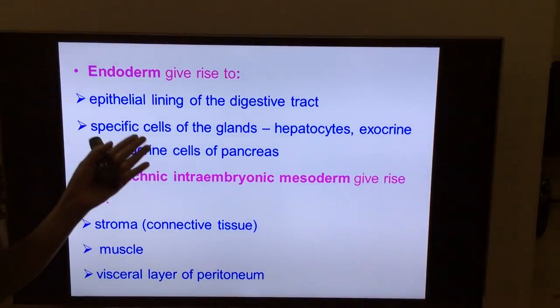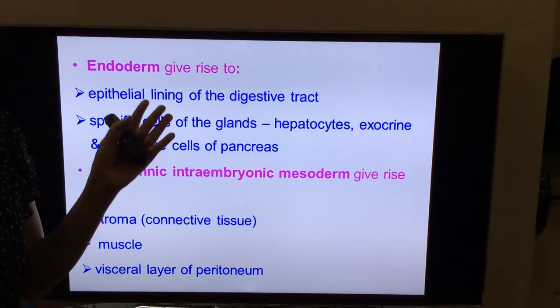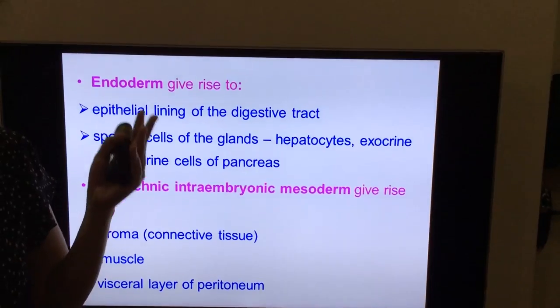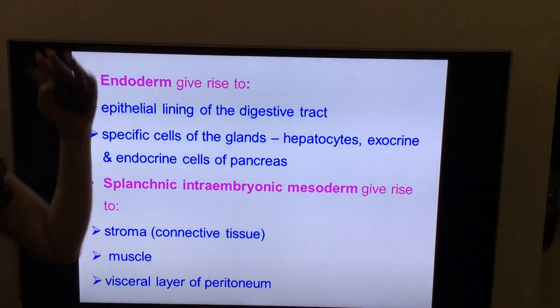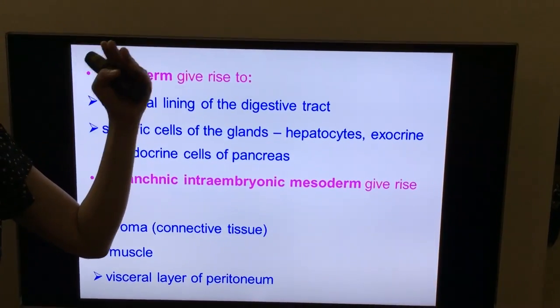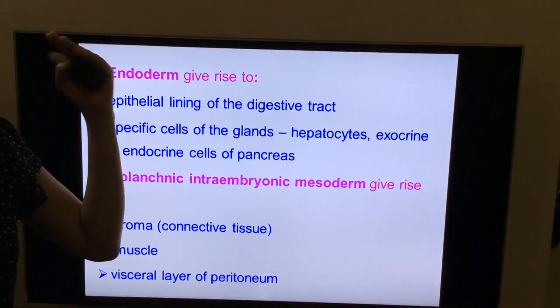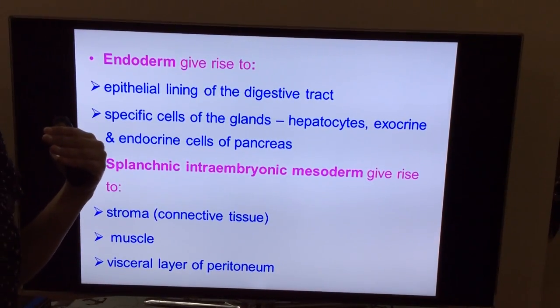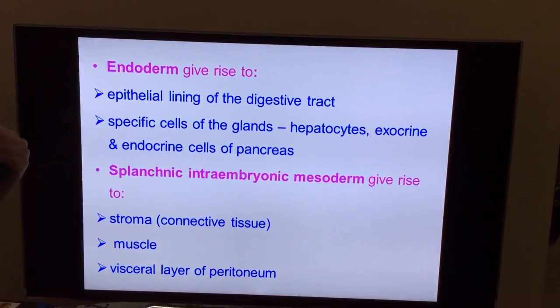The lateral intraembryonic mesoderm is divided into two layers by formation of an intraembryonic coelom. The layer adjacent to the ectoderm is called the parietal or somatic mesoderm, and the layer adjacent to the endoderm forms the splanchnic or visceral mesoderm.